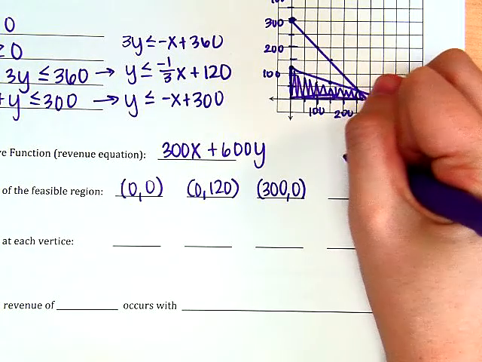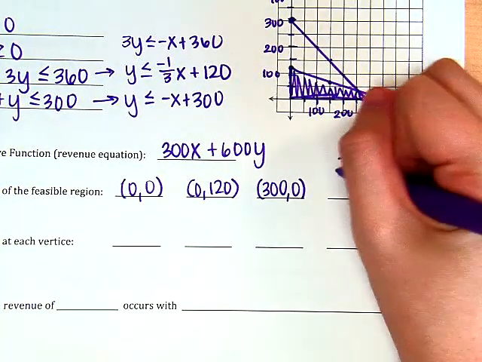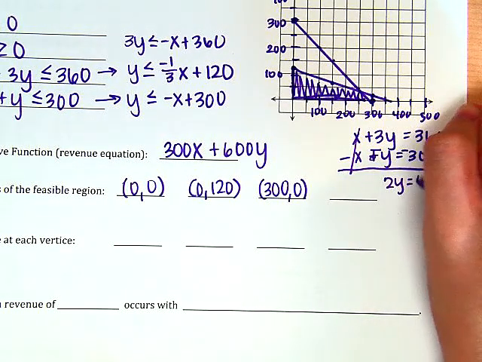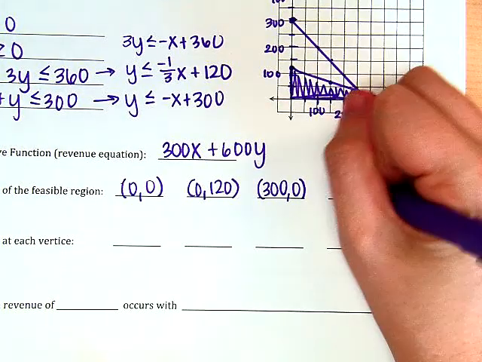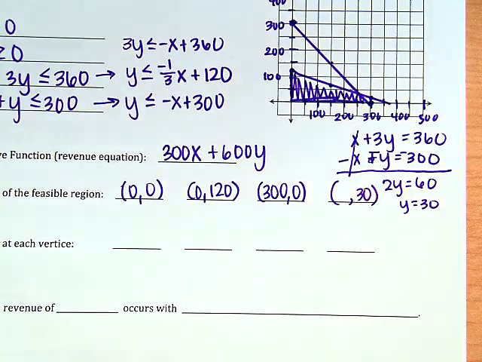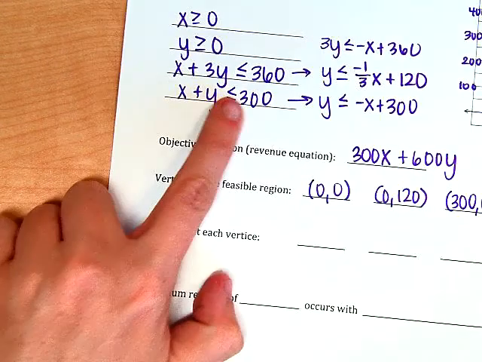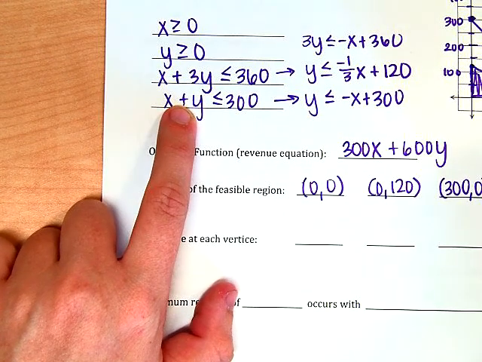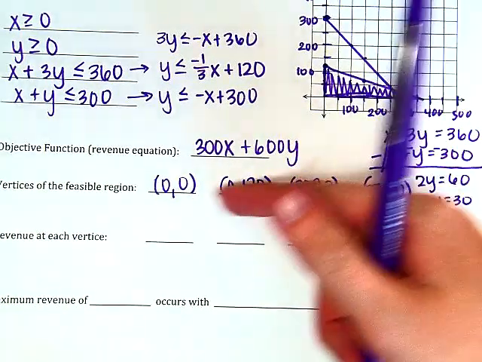If I multiply the bottom one by negative 1, it turns all these negatives. Then when I add down, I get 2y equals 60, which means y equals 30. If I go back to x plus y has got to be 300, that would be 270 then. So there's my four dots.